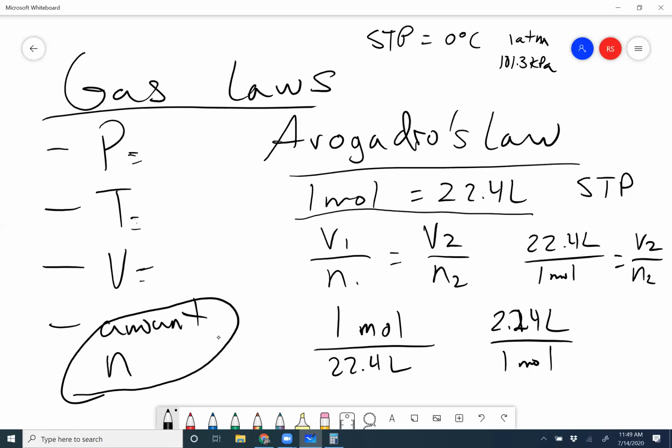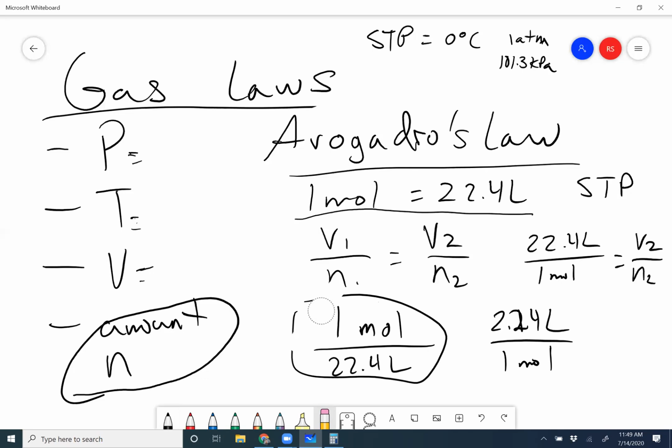So if you're ever having a question where it says the volume of a gas was 50 liters, but is now only 25 liters, how much of the gas was lost? Well, then you can just simply use this as a conversion factor. You don't have to do the actual conversion.